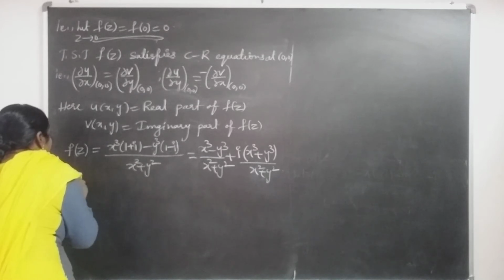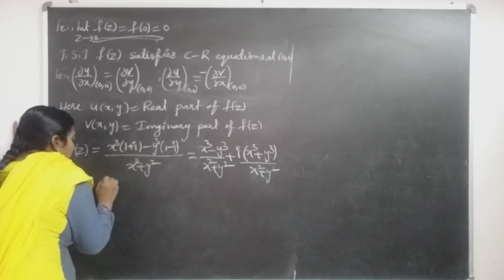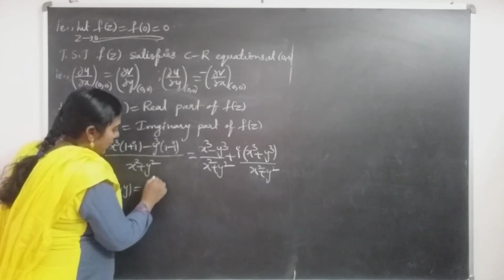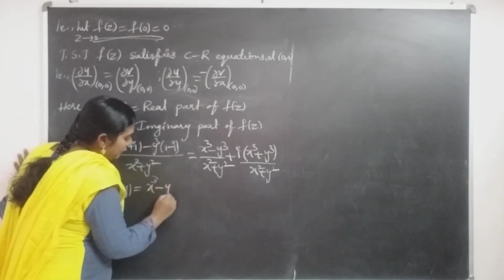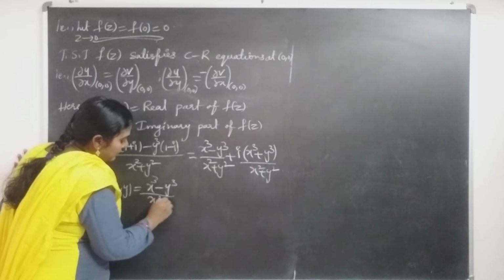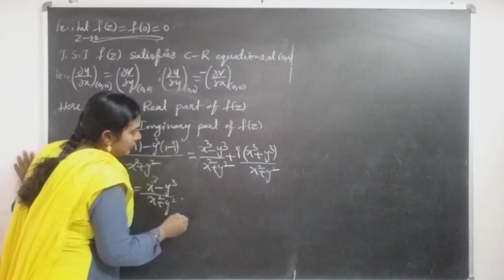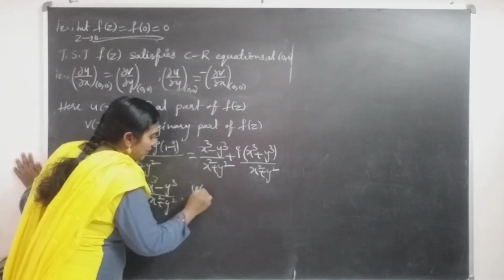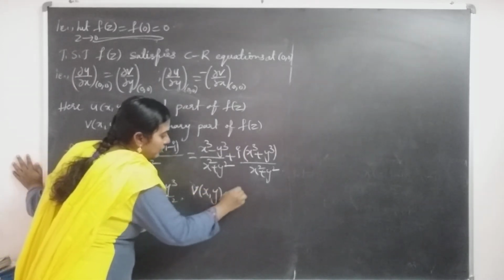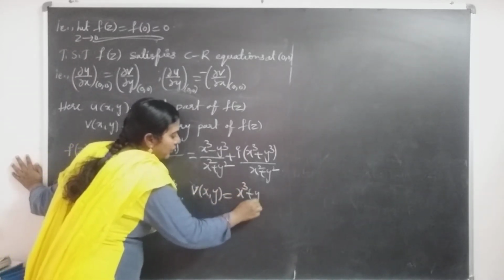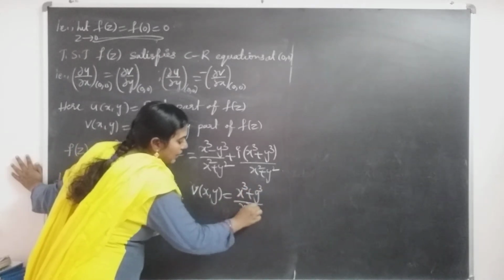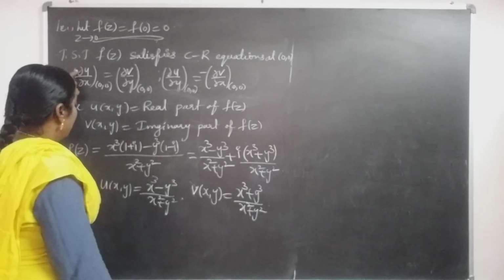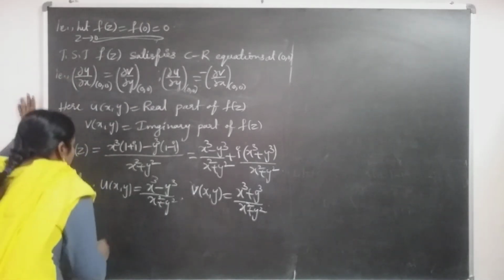Clearly u of x comma y is equal to x cube minus y cube by x square plus y square. v of x comma y is equal to x cube plus y cube by x square plus y square. Here dou u by dou x first we can find out.